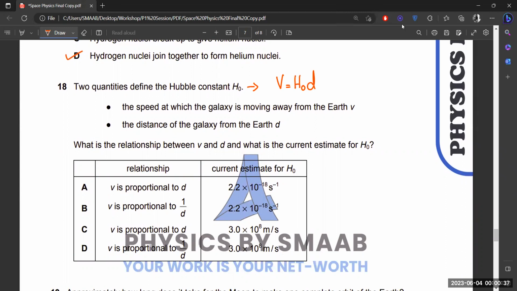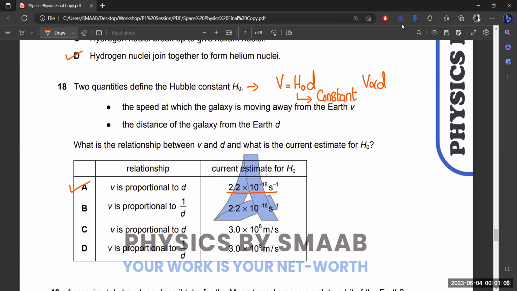The constant value is 2.2 × 10^-18 per second, and we know that v is directly proportional to d if we take H naught as constant. That is the easy concept. So you always need to memorize or get the hint of this value, 2.2 × 10^-18 per second.